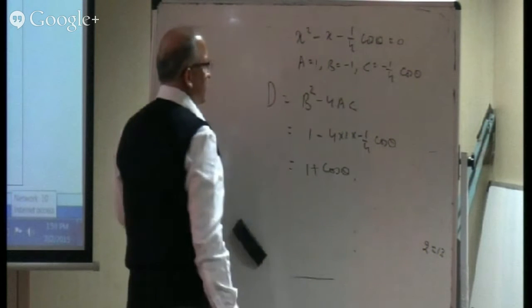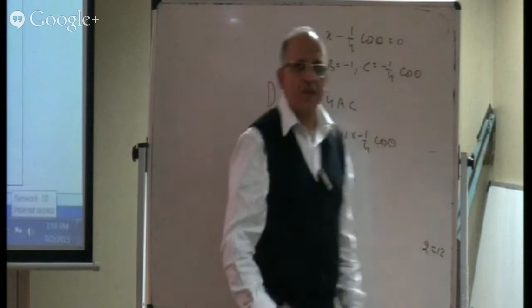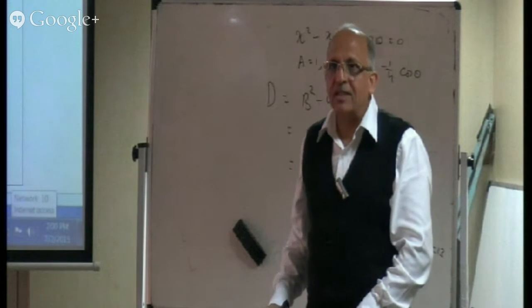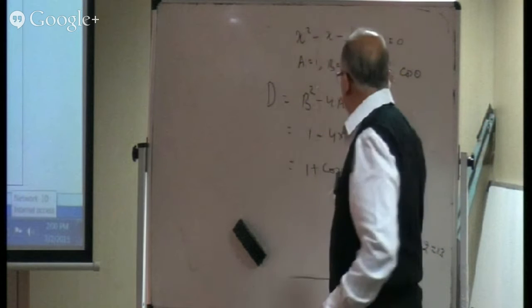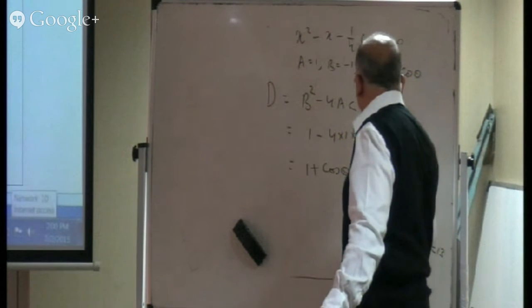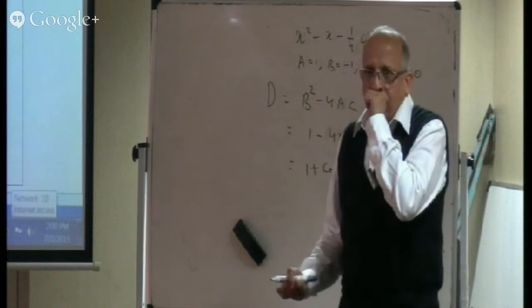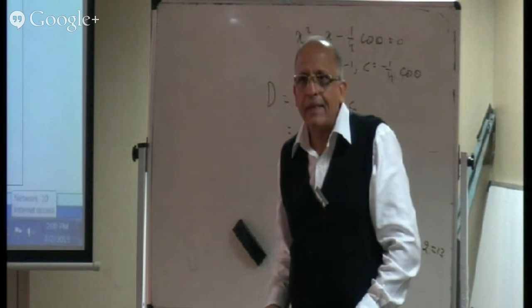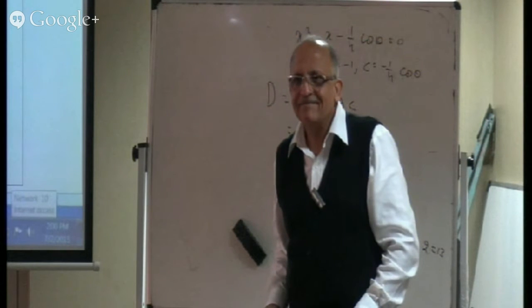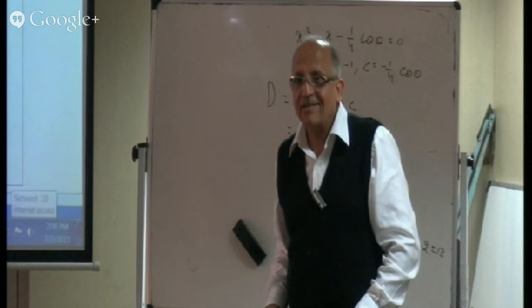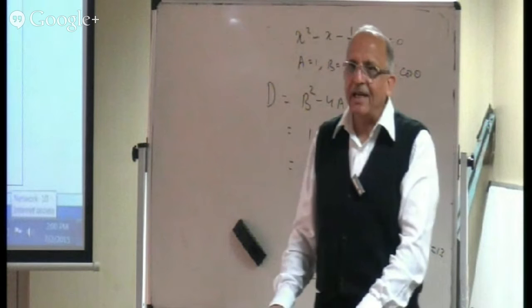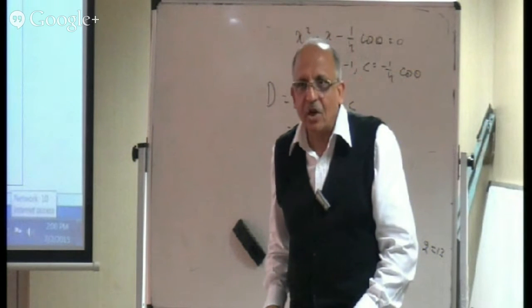Now, the question was, for what values of theta are the roots real? That means when is D positive? The question becomes, when is 1 plus cos theta positive? Can 1 plus cos theta be negative? Can cos theta exceed 1? Can it go below minus 1? It cannot.